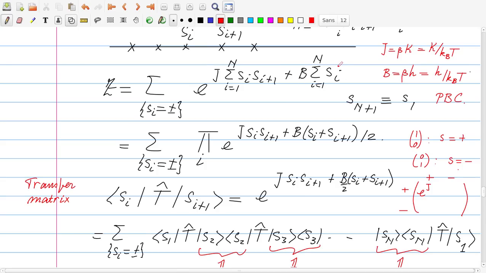That's this form. Or I can put for each link, I take half of this spin and half of that spin, and then for the next link I again take half of this spin and half of the next spin. And because there are periodic boundary conditions, that doesn't matter, but it gives me the advantage that this is now a symmetric expression in S_i and S_{i+1}.